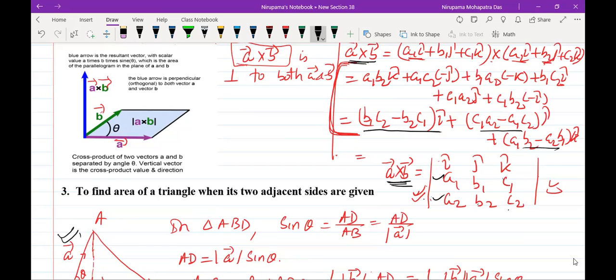Whatever concepts we have covered today, it is sufficient for your CBSE board exam. Again I request you to watch the video repeatedly so that you will be very clear concept wise. And in next class, we will be covering the questions related to cross product and dot product.